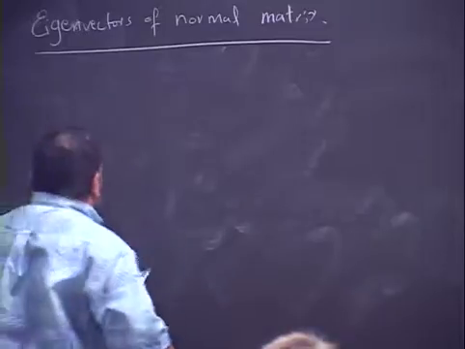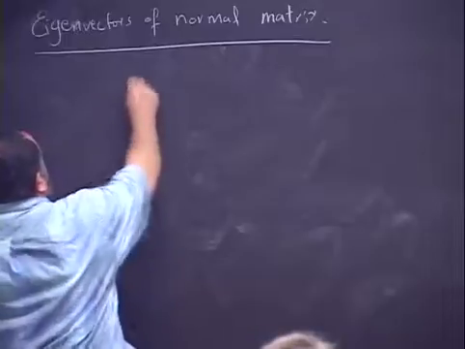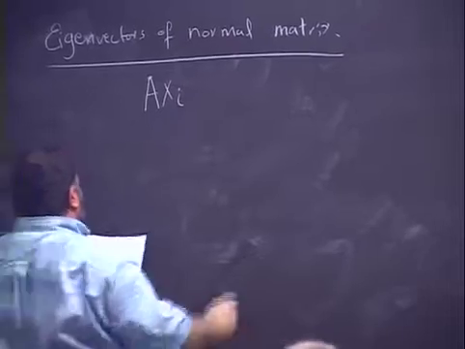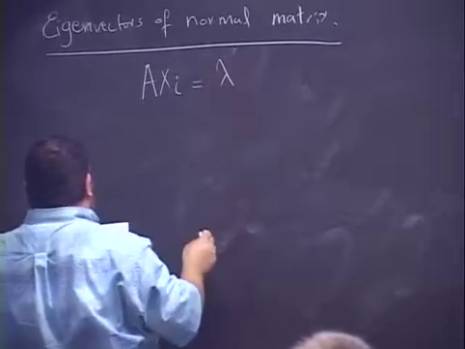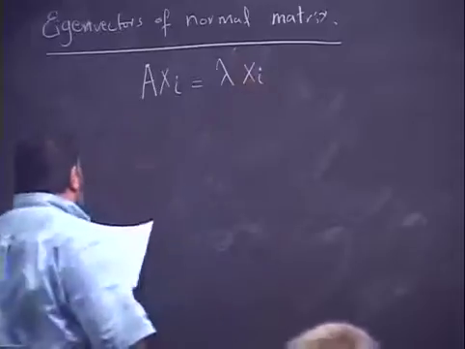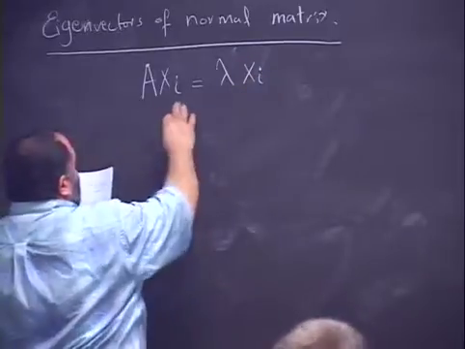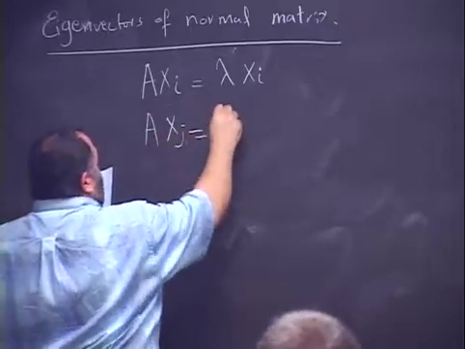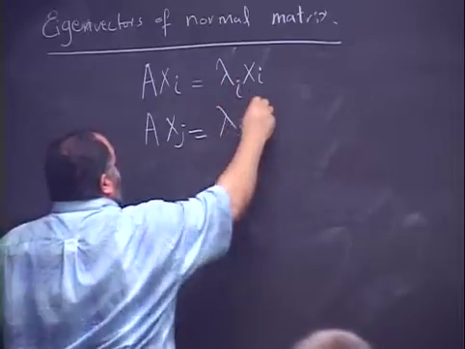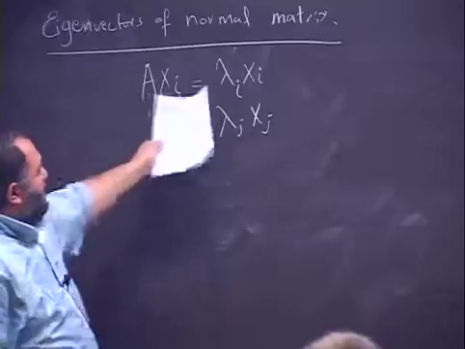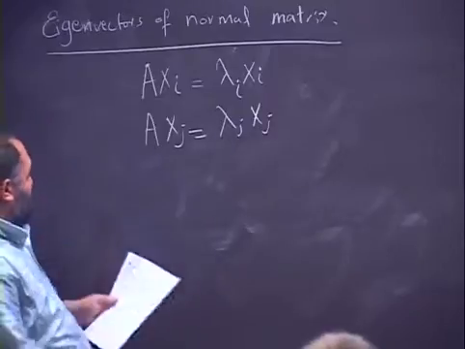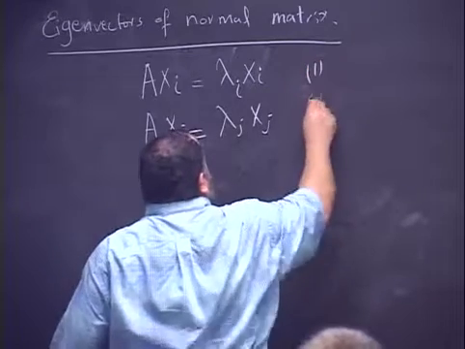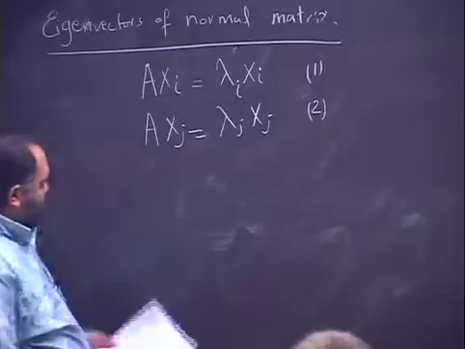Let's assume that we have two eigenvalue equations, A Xi equal to lambda i Xi, so we'll have two eigenvectors, Xi and Xj, and A Xj is equal to lambda j Xj. So you have two eigenvectors and two eigenvalues for this matrix A. Let's call this equation number 1, and this is equation number 2.